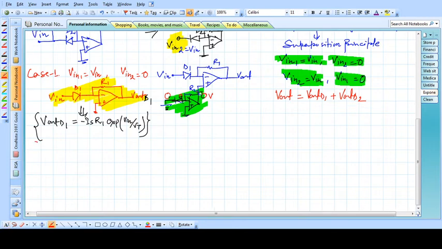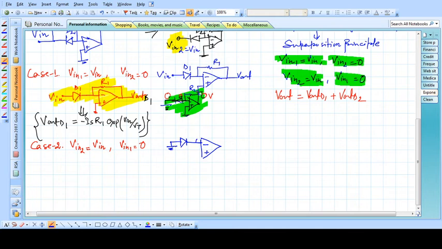For example, now for case 2, when V in 2 equals V in and V in 1 equals 0. In this case again we have to make the circuit first. So the circuit should be minus plus, and there should be this diode D1, and this should be grounded.